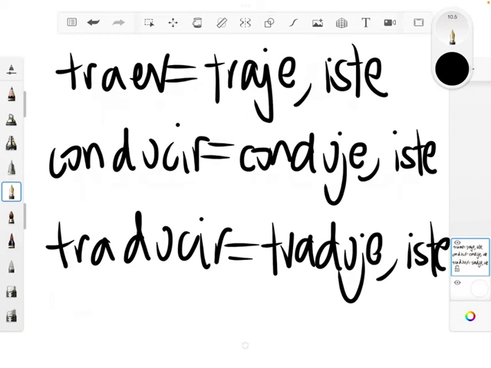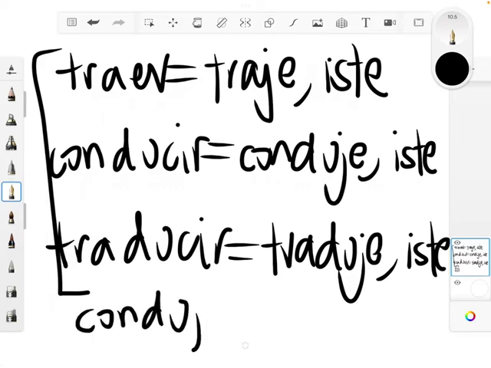Now, notice that in verbs with the J stem, so like these verbs right here, the letter I is omitted in the ustedes / ellos, ellas ending, so in the third person plural, okay? So condujeron is not going to have an I right here, okay?